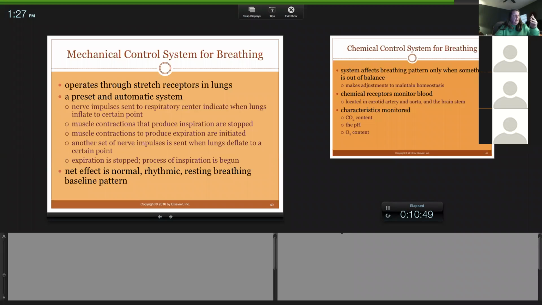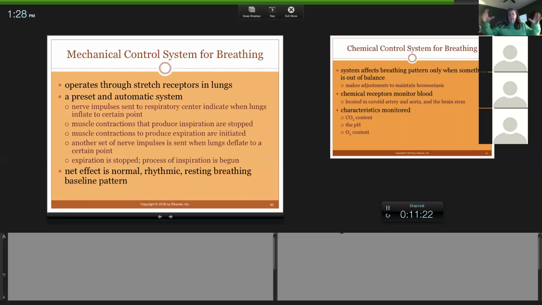So when an animal inhales and the lungs begin to expand, as they hit a certain point, there is going to be a stimulus detected by a stretch receptor. Think of it like an alarm. The lungs get big, and a muscle contraction produces that inspiration. But when the lung is detected to get to a certain size, it's going to trigger that stretch receptor and stop the inhalation. You don't just keep going.